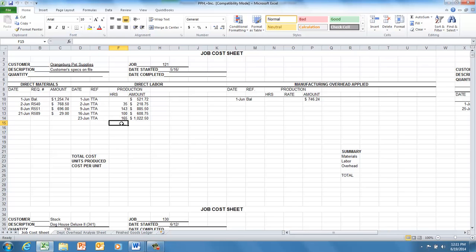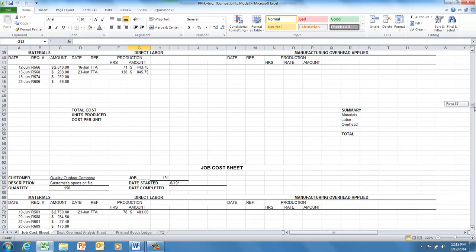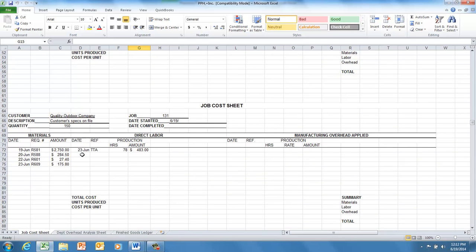You're going to say how many hours, which you were given, go into this particular job, which is job 121, and what was the total amount of labor cost that went into that job. And you'll go through each of these jobs and put in the date, the TTA reference, the number of hours, and how many dollars that was.